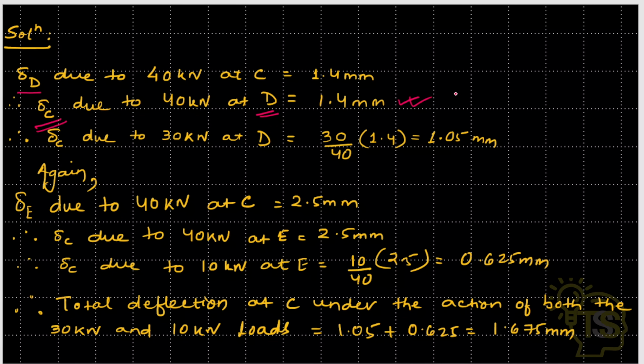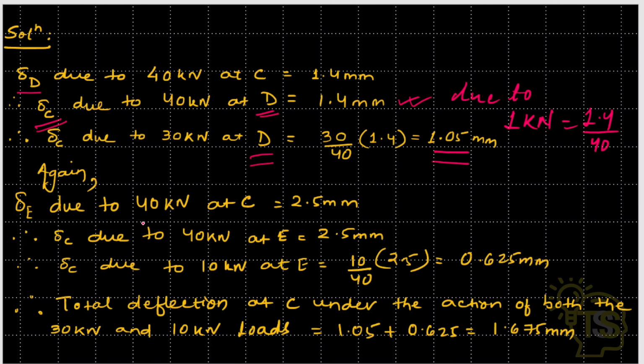Alright, so the deflection at C due to a 1 kN load at D is equal to 1.4 mm divided by 40, according to the unitary method, and the deflection at C due to the 30 kN load at D, which is asked, is equal to 30 kN by 40 kN into 1.4 mm, which is equal to 1.05 mm, which is the answer.